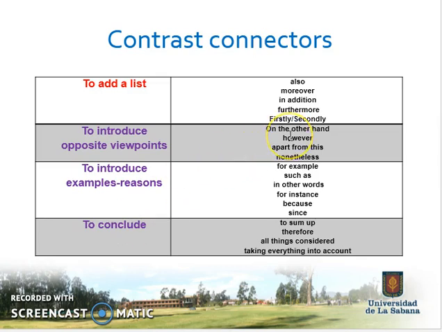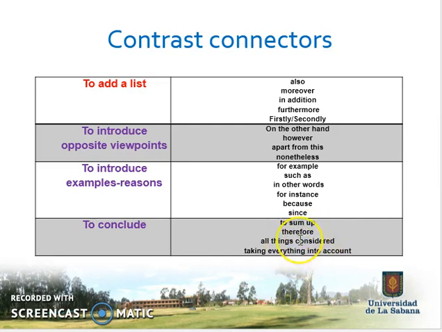So when you are including opposing views, you can use on the other hand, however, apart from this and not less. When you want to include reasons and examples, please use for example, such as, in other words, for instance, because and since.